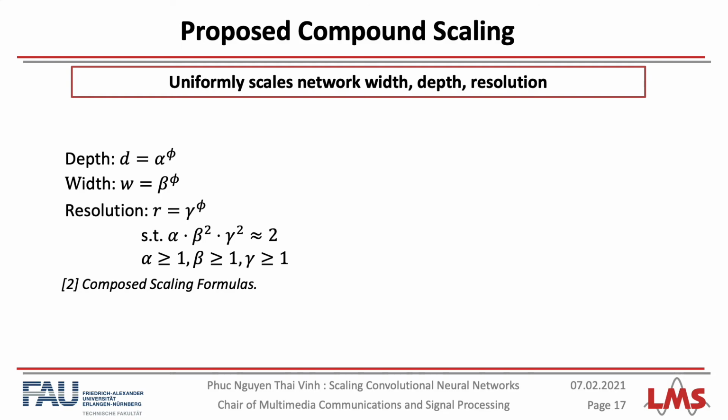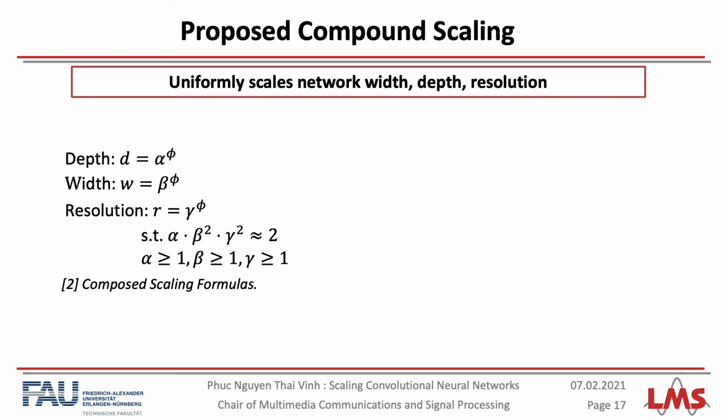If we expand depth, width, and resolution using this equation, the number of FLOPs will increase by more than 2 to the power phi, so we need the constraint so that the number of FLOPs does not increase over 2 to the power phi.